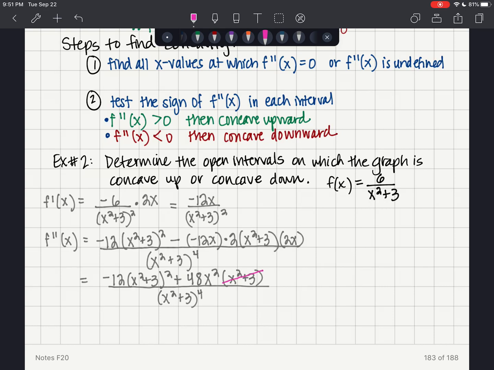So x squared plus 3, an x squared plus 3, and an x squared plus 3. I've got 3 terms in this fraction. I'm going to reduce them by dividing out that x squared plus 3 and canceling out, which is going to give me negative 12 times x squared plus 3 to the first power plus 48x squared all over x squared plus 3 to the third power.